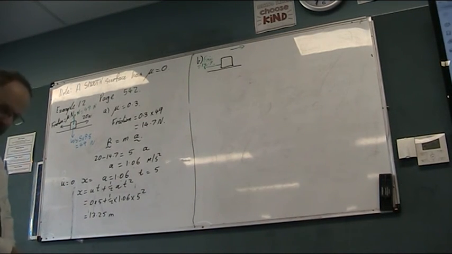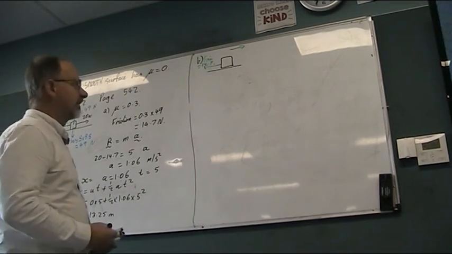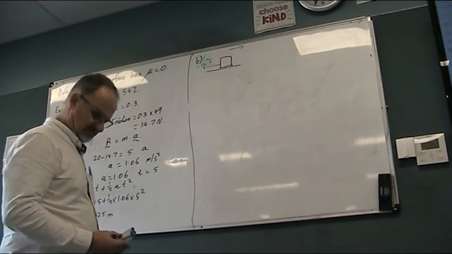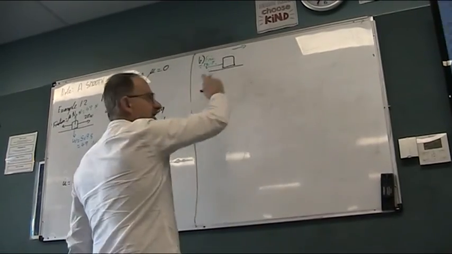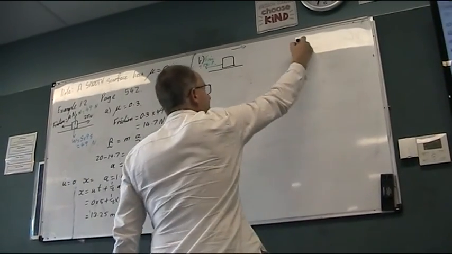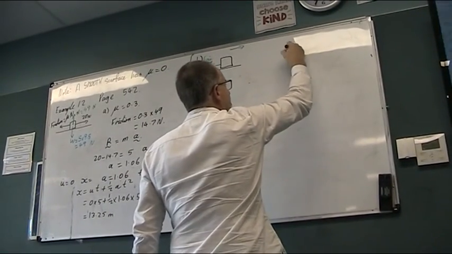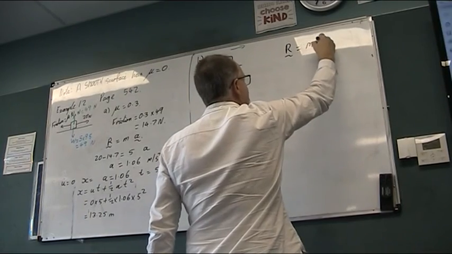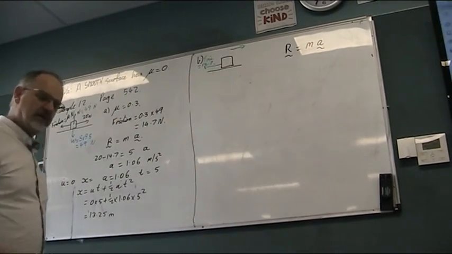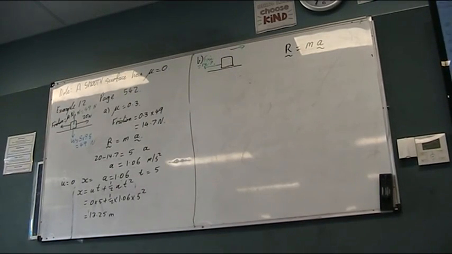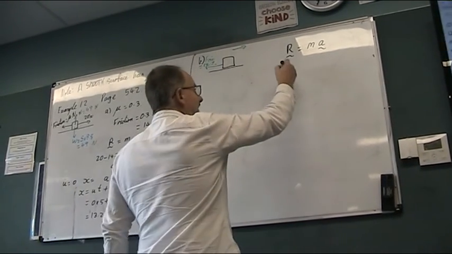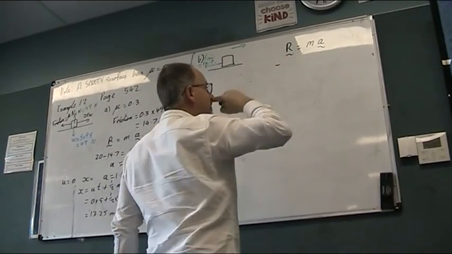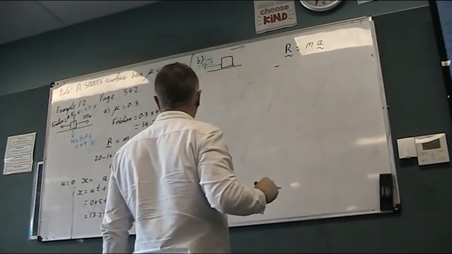So what do we need to know? We need to know acceleration, and we need to know how fast it's going here. So let's figure out the acceleration. So this time our resultant force is mass times the acceleration. And so now, in that horizontal direction, the only force acting now is friction. And I'm going to say it's negative, it's acting in the opposite direction.